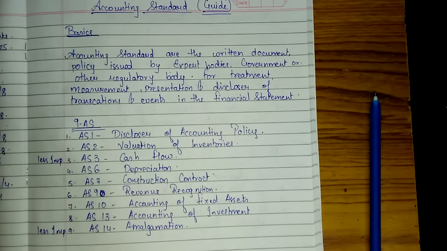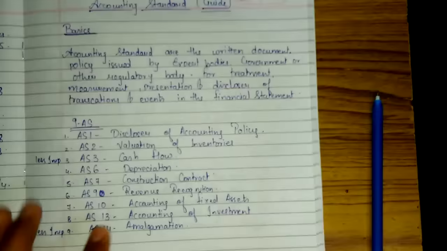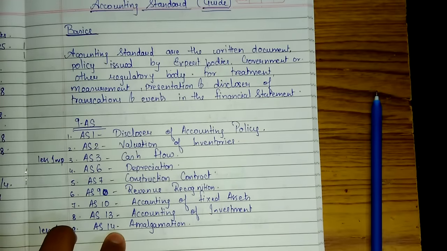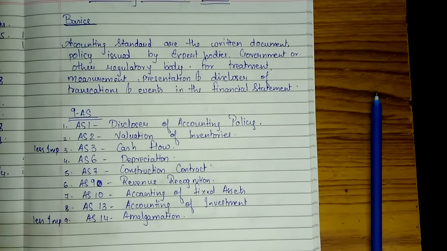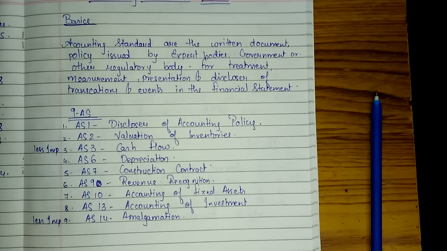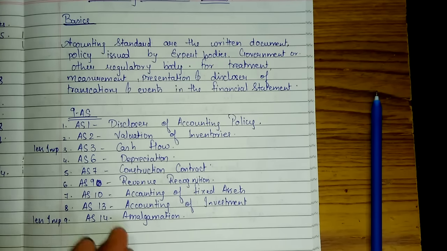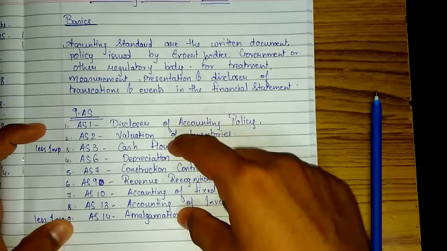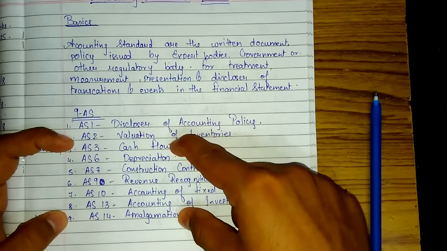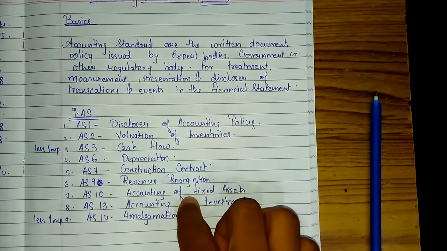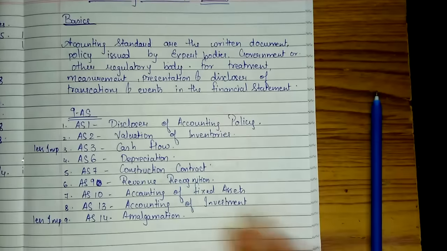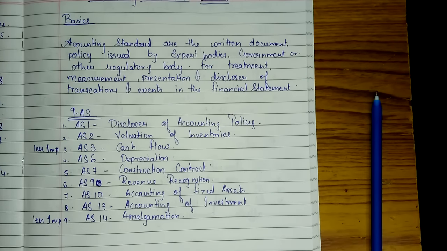If it is asked, you can skip it. I have always seen it. AS14 is never asked as a compulsory question, but still I'll advise you all to read the theory. It is very simple. As we'll be studying amalgamation of accounts, your theory will also be covered there. So there will be no separate video of AS3 and AS14. Only the remaining 7 AS will be covered in this accounting standard video.